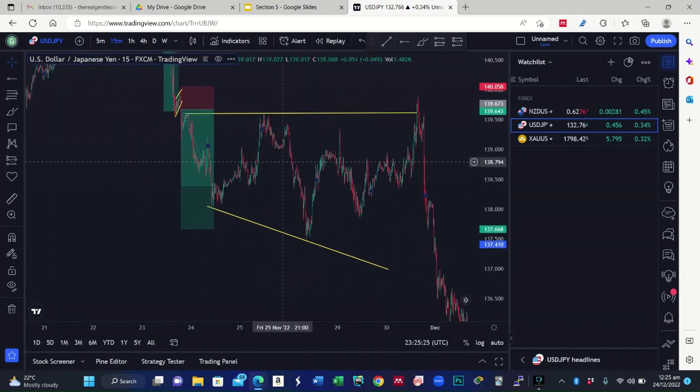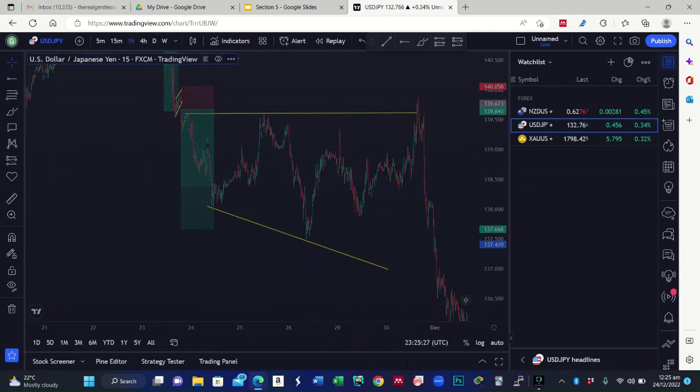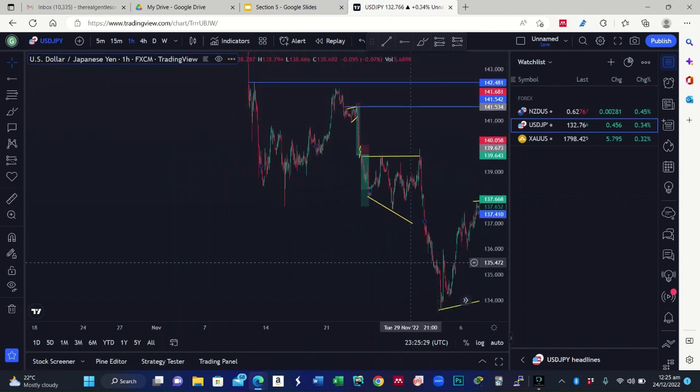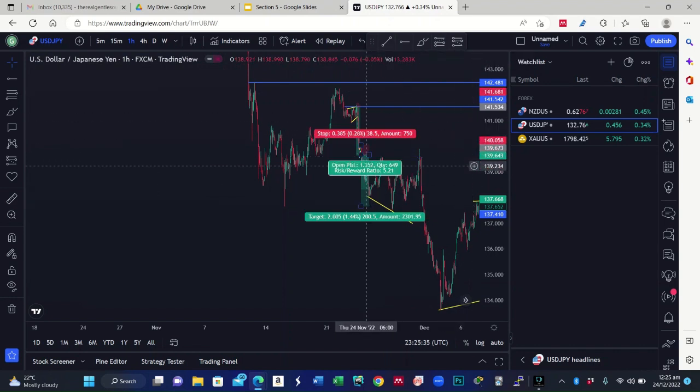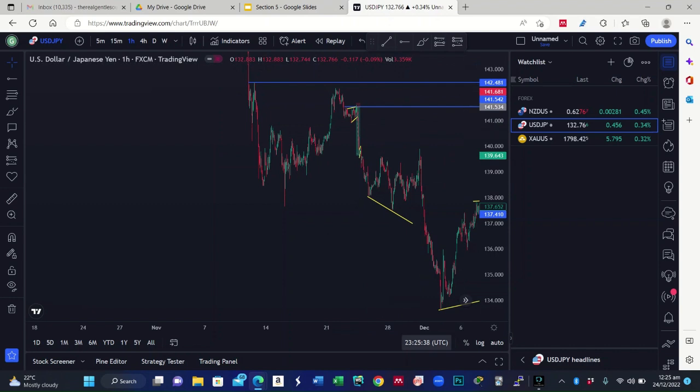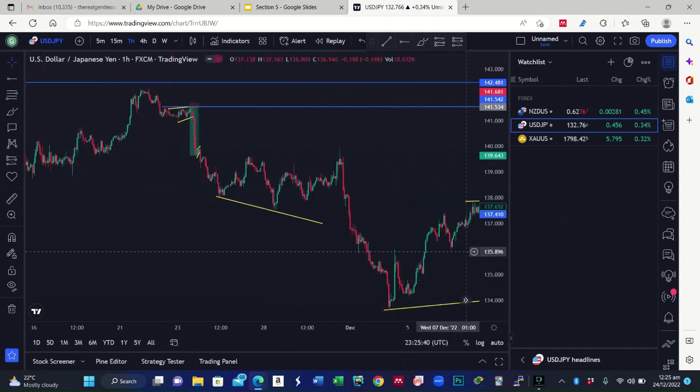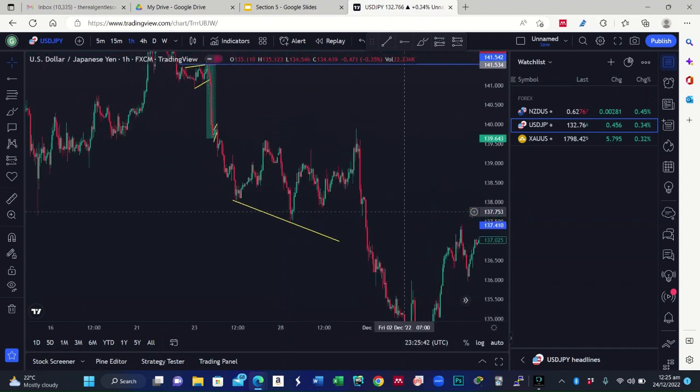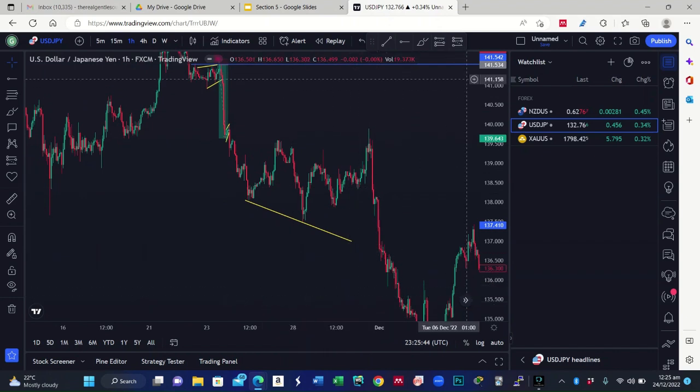So as price progresses, let us go back to the 1 hour time frame. Price created a big correction. This big correction, if you remember vividly, looks like an expanding triangle.